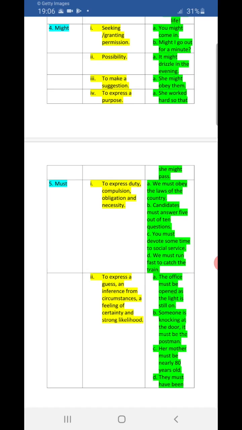Next one, number C. You must devote some time to social service. So it's your obligation, suppose, that you must devote some time to what? To social service. Actually, students, we all must do so.